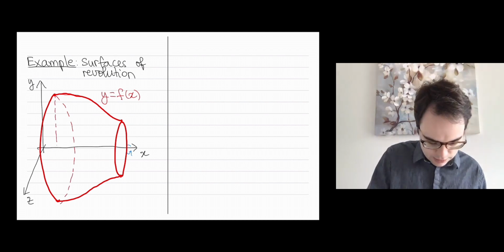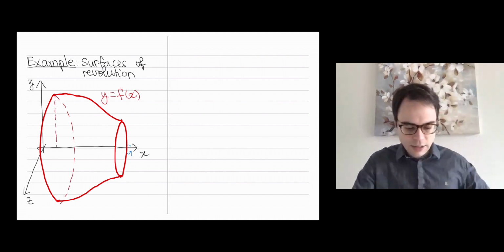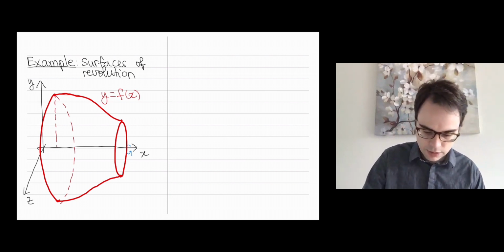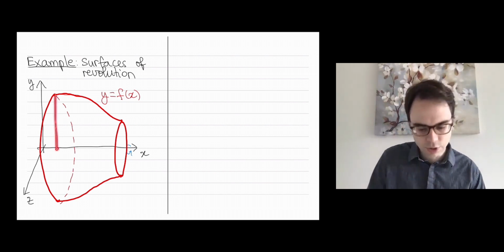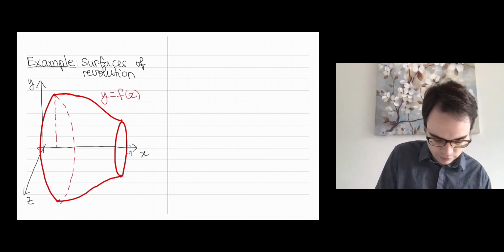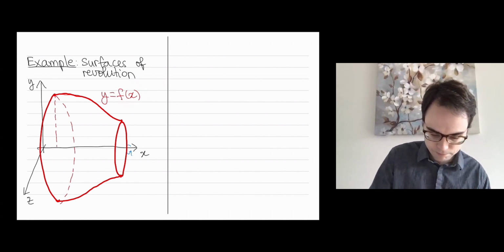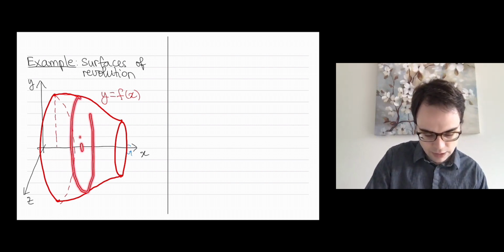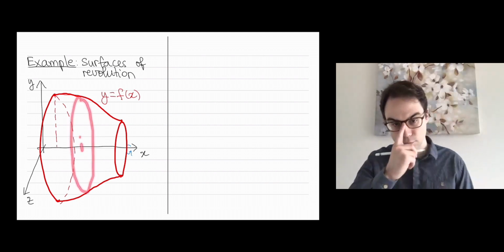The radius of the circle is f of x. If I give you an x value, I'm living on the circle of radius f of x.